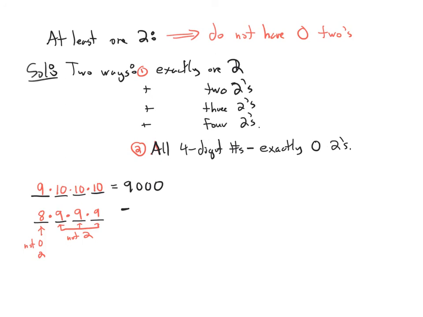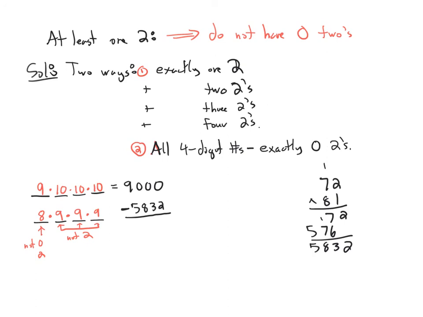So that is 8 times 9 is 72. Times 9 times 9 is 81. I'll just do a little multiplication here. 8 times 2 is 16. Carry 1, 57. We add 5,832. So we subtract 5,832.